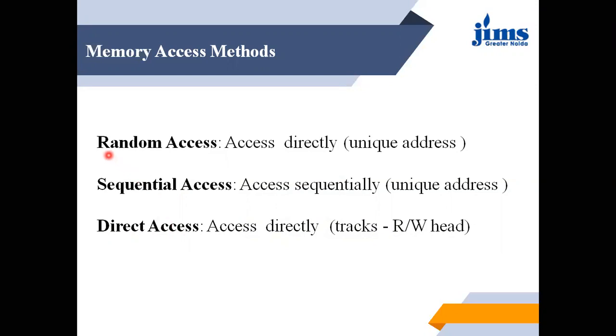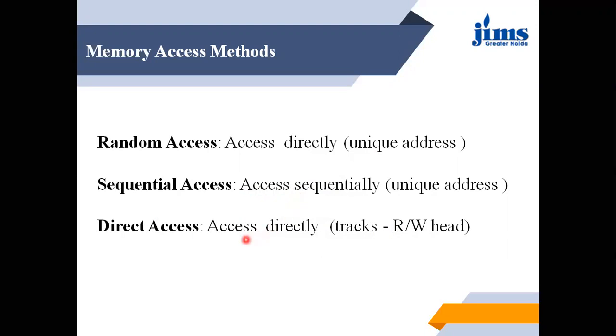In random access mode, the address of the memory location is given, so the processor or arithmetic logic unit reads or writes directly to the given address, whereas in sequential access the locations are accessed sequentially to write or read the data.